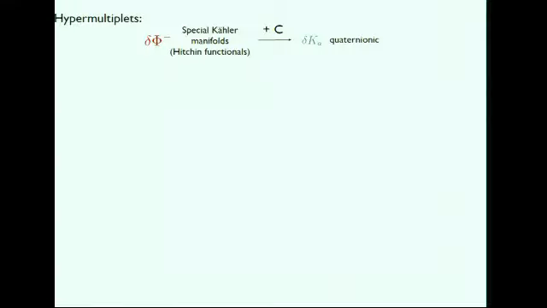The moduli space of these hypermultiplets has a quaternionic geometry, and indeed these K are stabilized by SO(12), times SU(2) for the triplet.